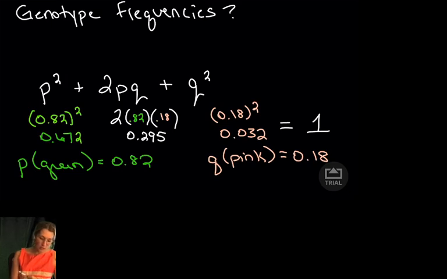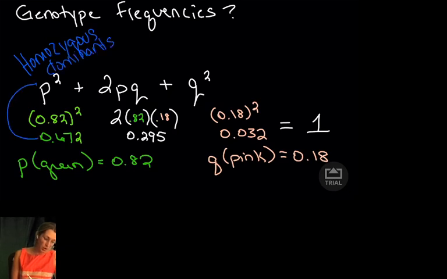what color should I use? These are our homozygous dominants, right? So the frequency of our homozygous dominant individuals is 0.672.